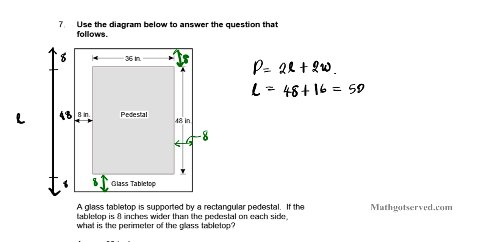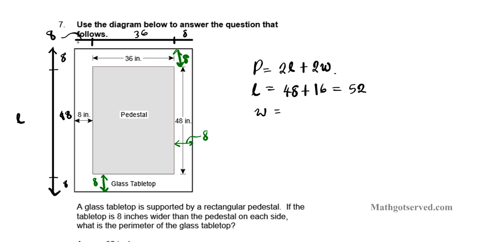All right. How about the width? How wide is it? Well, the width of my glass tabletop spans from the left to the right. Okay, and we know that it's going to be made up of multiple constituents. You have 36 on the center, which is the length of the pedestal, but you also have 8 units here and another 8 units there.